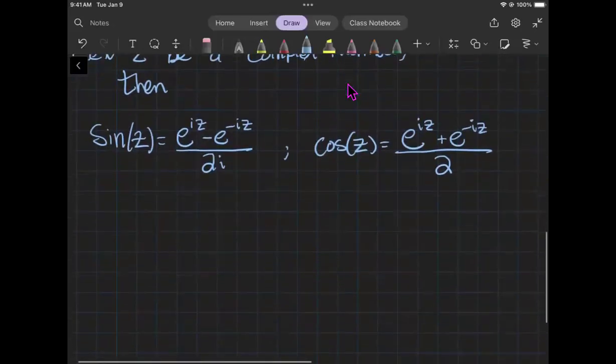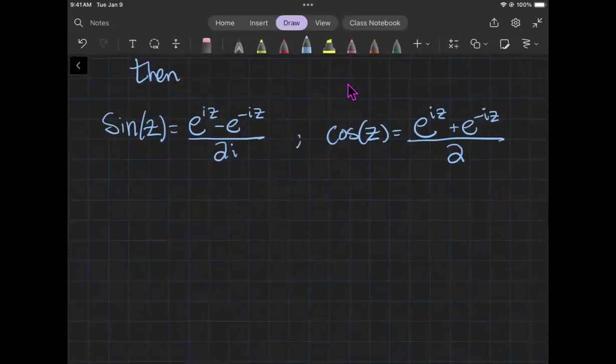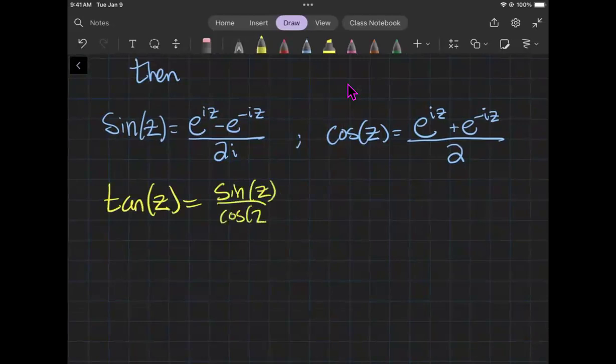So those are a few things to take note of. And the various trig identities would work also, as you have seen in pre-calculus. So tangent of z equals sine of z divided by cosine of z, right? And then the reciprocal functions, cosecant of z equals 1 over sine of z, right?